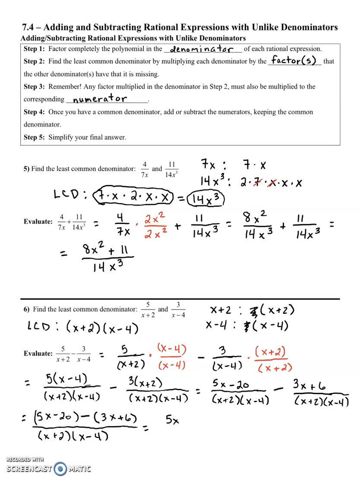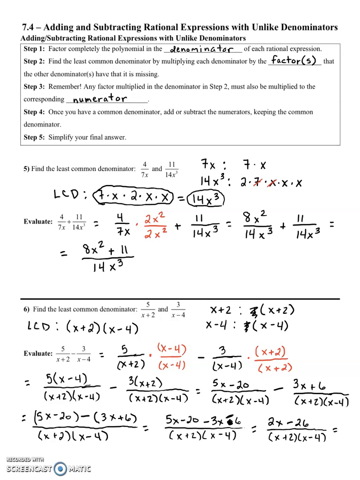So we have 5x minus 20 minus 3x plus 6 all over x plus 2 times x minus 4. Now combine like terms in the numerator, we get 2x, oops, sorry, that should be a minus 6 there. See what I mean about distributing? So 2x minus 26 all over x plus 2 times x minus 4.